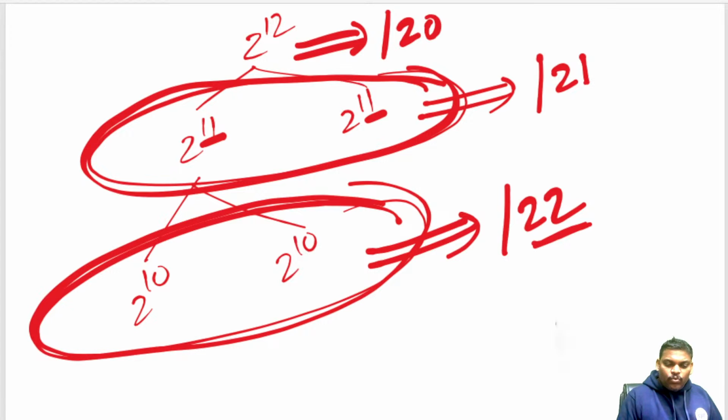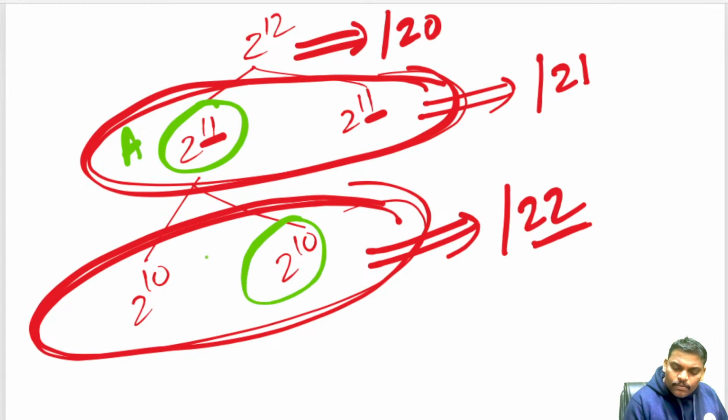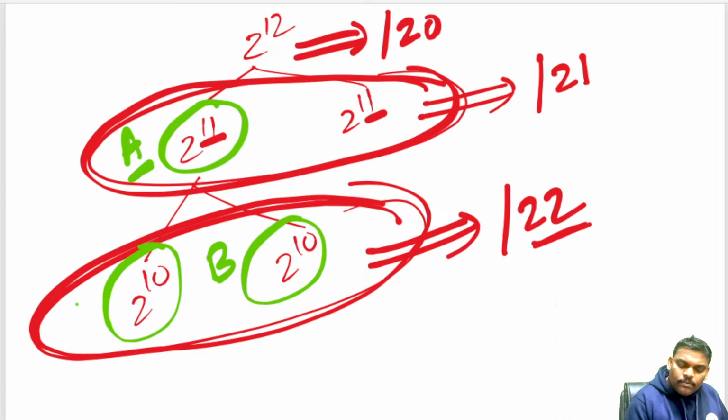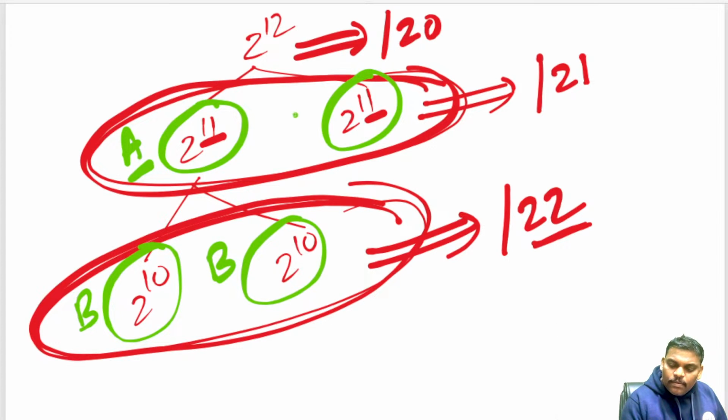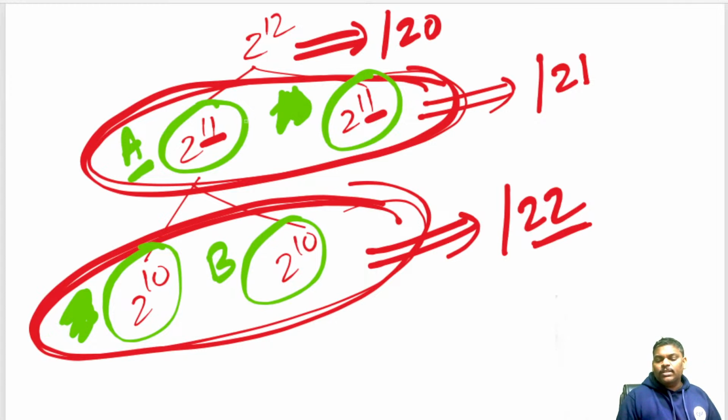I can give a guarantee that this may be A and this may be B, or one more case, this may be A and this may be B, or this may be A and this may be B. Any combination can happen, because half is given to A and quarter is given to B. But remember, quarter means mask is 22, half means mask is 21.